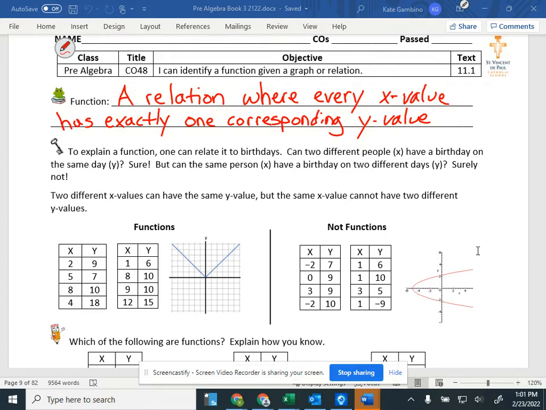But can the same person, x, have a birthday on two different days? No. So that would not be a function. So if you have one x that has two different y's, it's not a function.